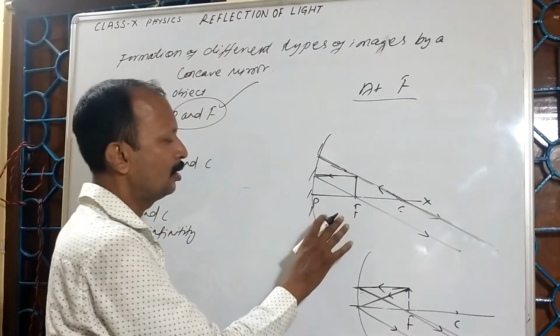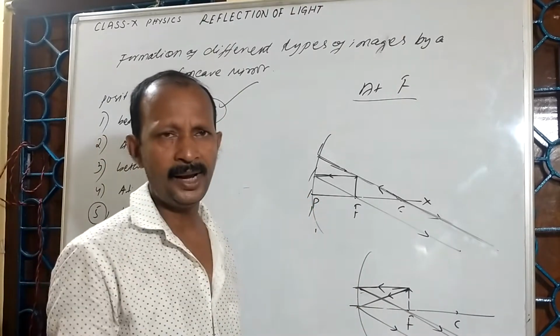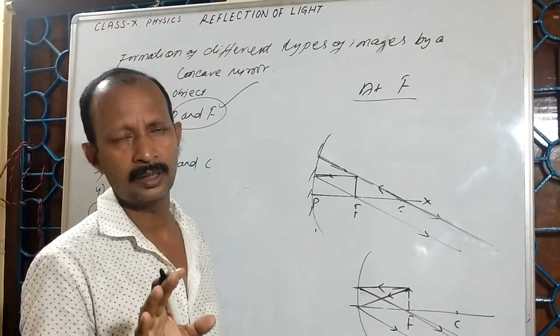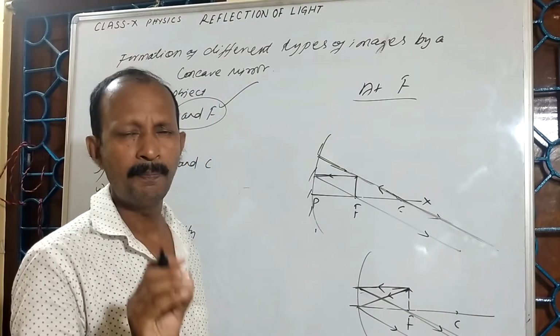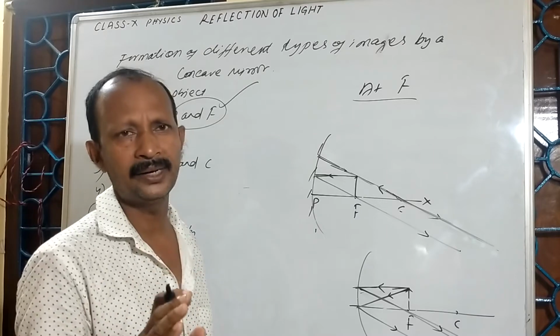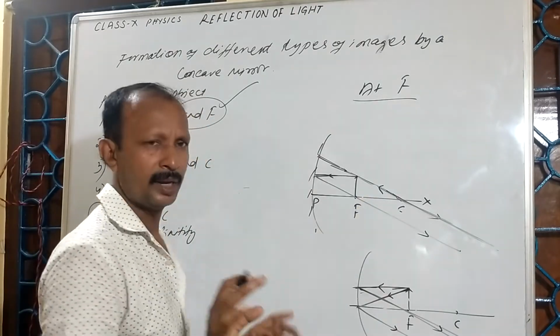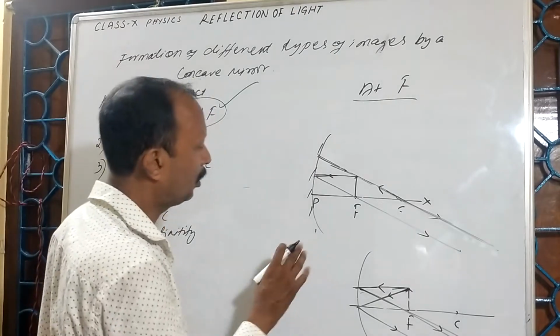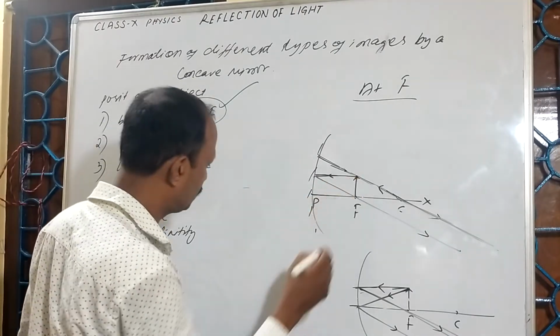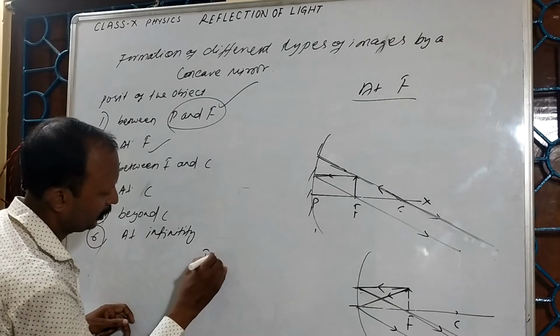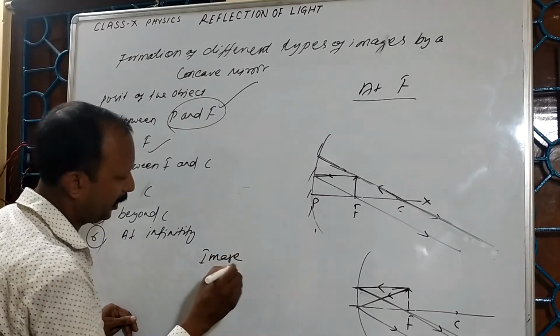Okay. So I said that I am applying two rules here. I have to know the path of the reflected light rays. So either like this or like this, you can also draw, it does not matter. So what about the nature of the image? See, where is the image formed?